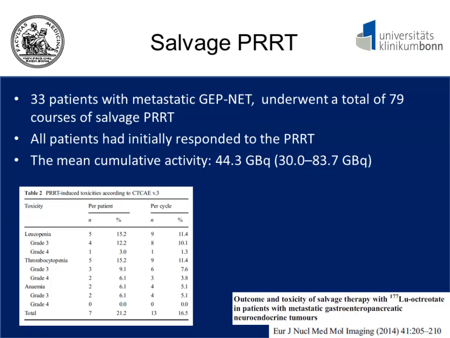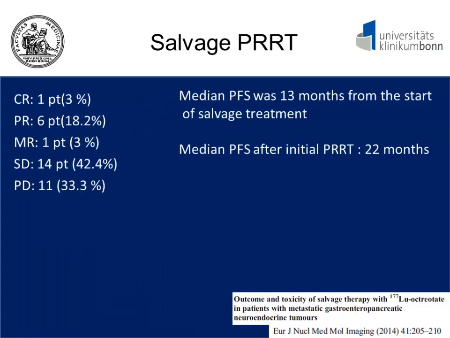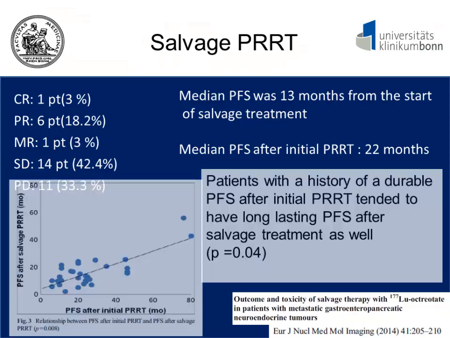All patients had initially responded to the PRRT. The mean cumulative activity was 44 gigabecquerel, and as you see here, the median progression-free survival was 13 months from the start of salvage treatment, and the median progression-free survival after initial PRRT was 22 months, complete response in 1 patient, partial response in 6, and stable disease in 14 patients.